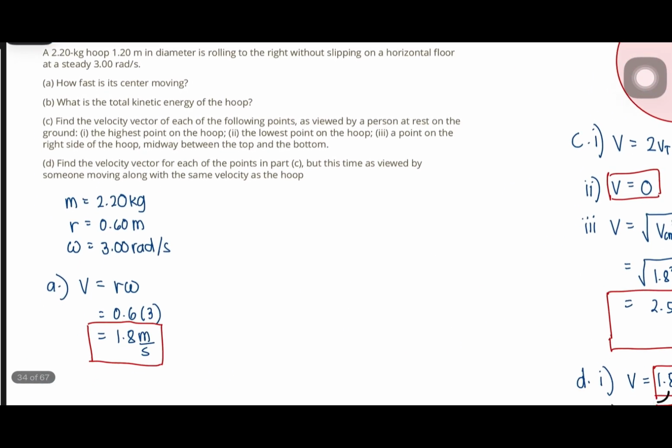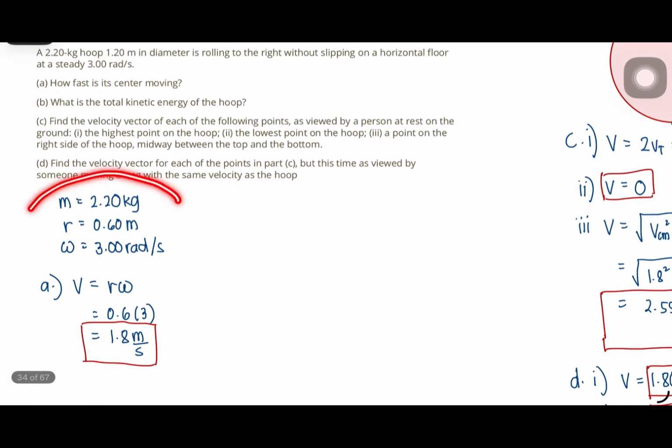So to solve for letter A, these are the given. Mass is 2.20 kg. The radius is 0.60 meter. Though the given is in diameter, i-convert nyo or kunin natin yung kalahati ng diameter para ma-solve natin yung 0.60 na radius.